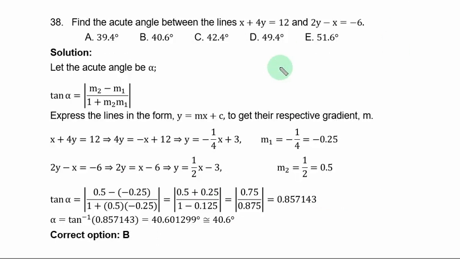Question 38. Find the acute angle between the lines x plus 4y equal to 12 and 2y minus x equal to minus 6.